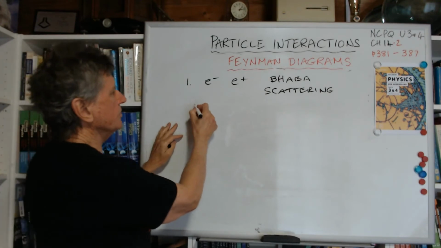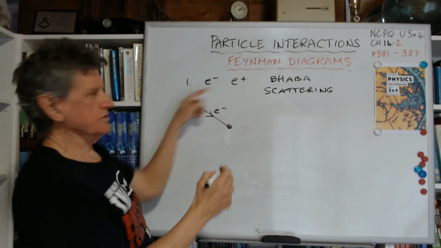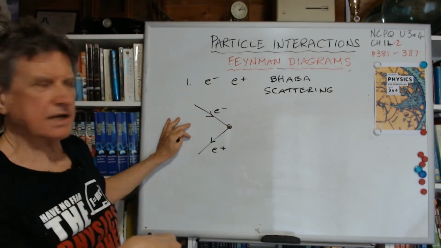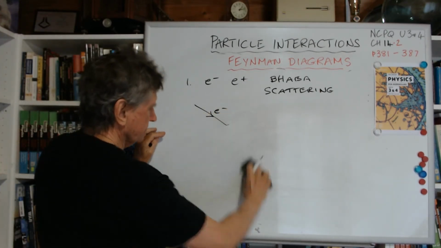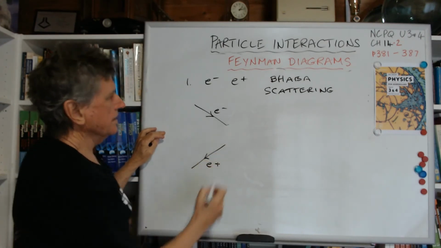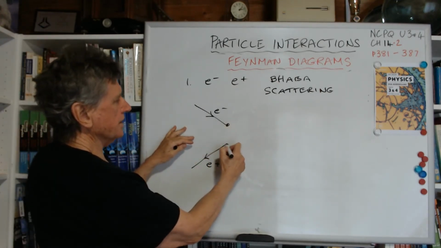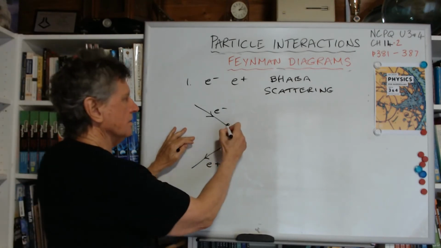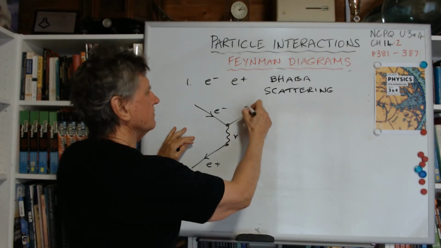Okay, so what you've got is the electron coming in, and it meets a positron. So remember, positrons appear to go backwards in time. Wait a minute, this is scattering, sorry. So we have to do it like this. Now, they approach each other, but they exchange a virtual photon, in the same way as before. So that's your photon, and they go off like this.